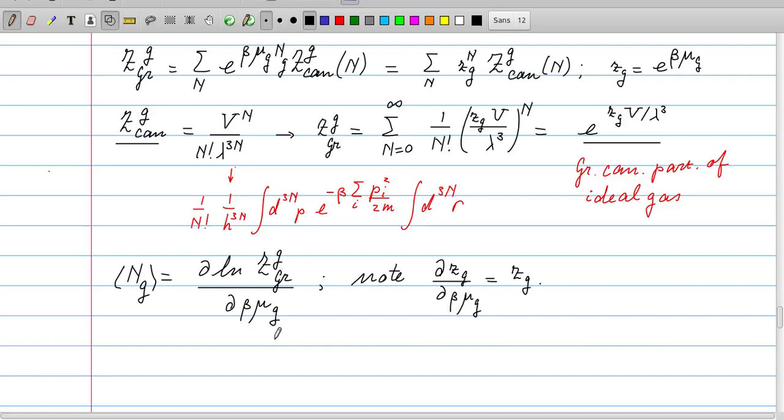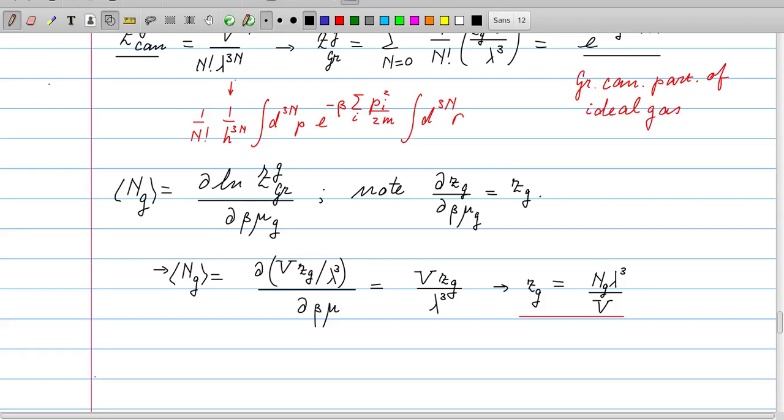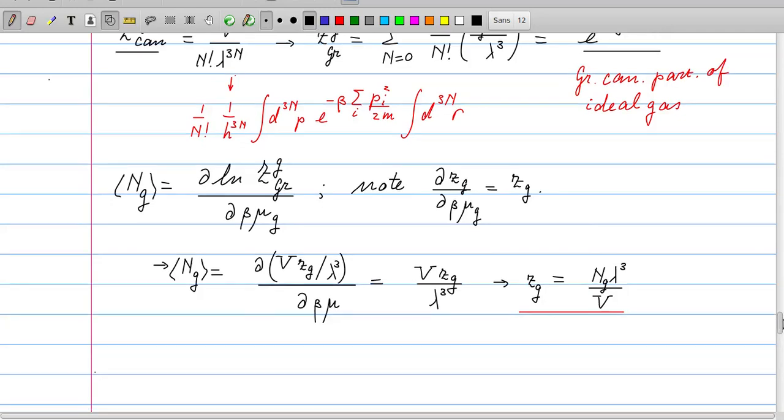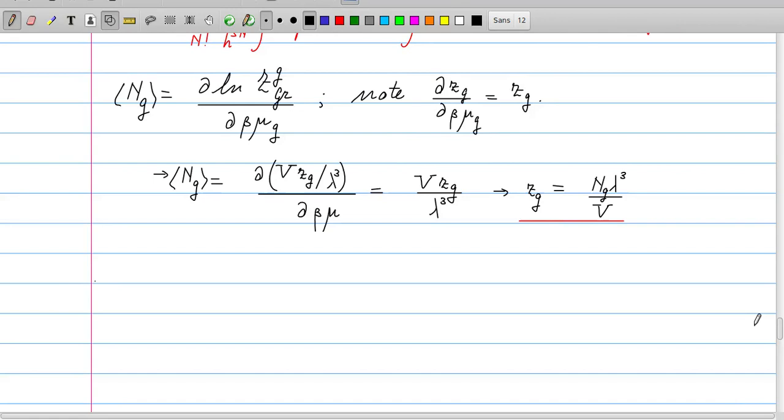And if we work that out, we obtain the expectation value of N_g is given by this derivative, and that leads immediately to this relation between the fugacity, the number of particles, lambda to the third, and V. I've left out the brackets for the expectation value because N_g is a strongly peaked variable. It doesn't fluctuate a lot, so usually we are not too strict about the expectation values.